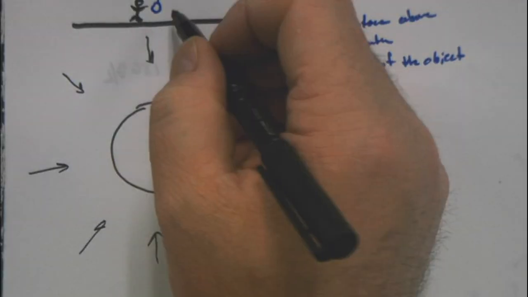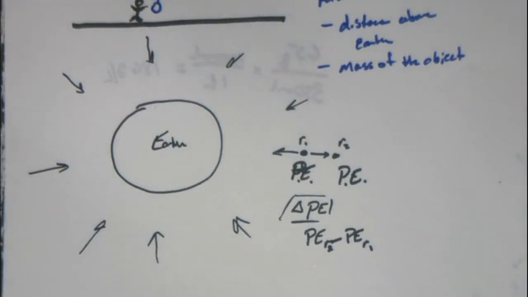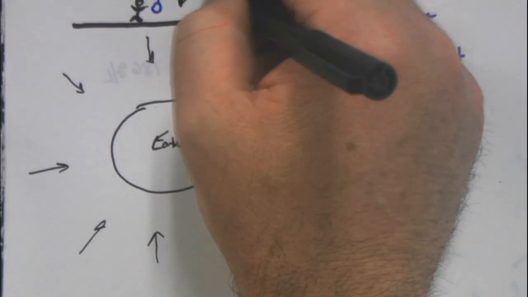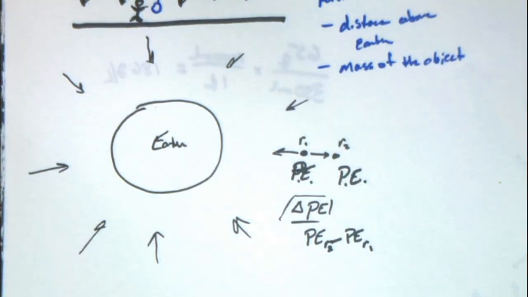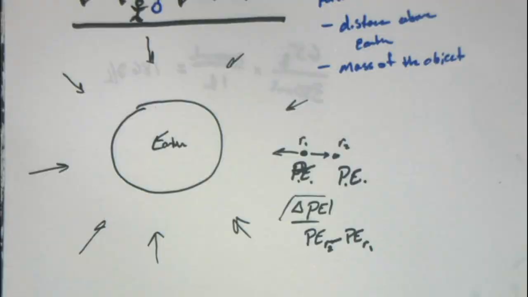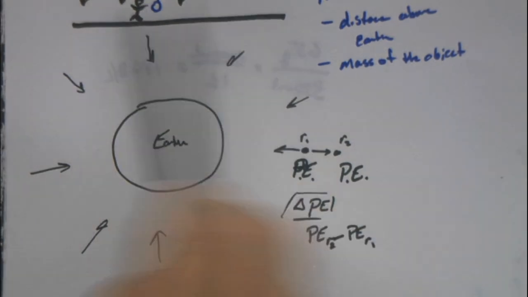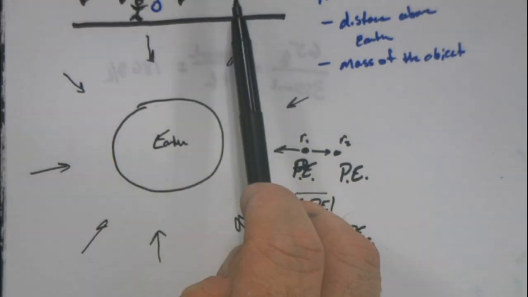But if we're on the ground, real close to the Earth, it seems like we're pointing in what direction? Down. So the gravitational field close to the Earth is all pointing down, essentially, because we're essentially flat. The Earth isn't really flat, but for all intents and purposes, it's flat enough to consider it flat, and all these lines aren't going to change their direction. They're all going to be pointing down.